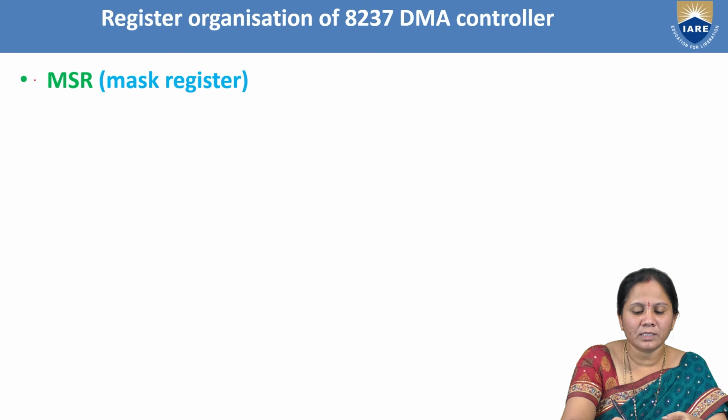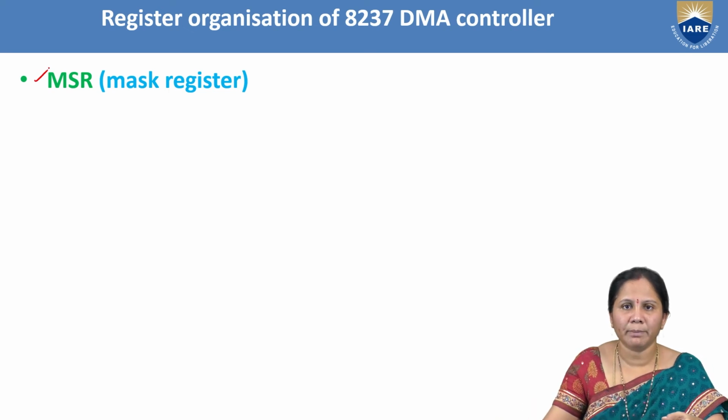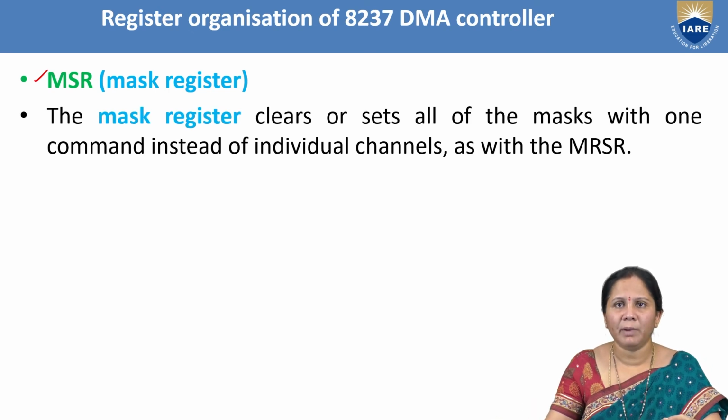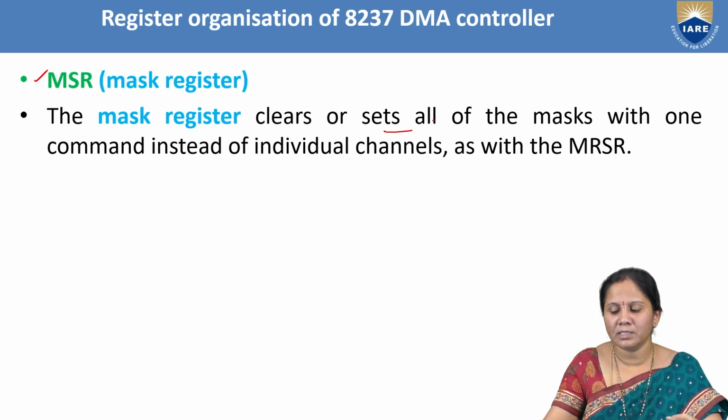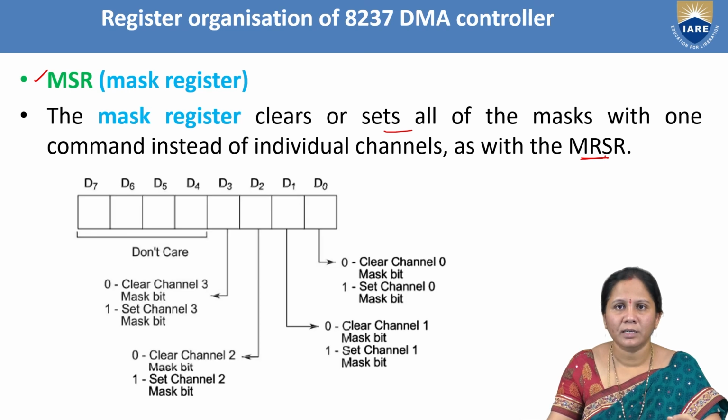And the next register is mask register, MSR. So it represents mask register. So here this mask register clears or sets all the masks with one command instead of individual channels by using this MRSR register.